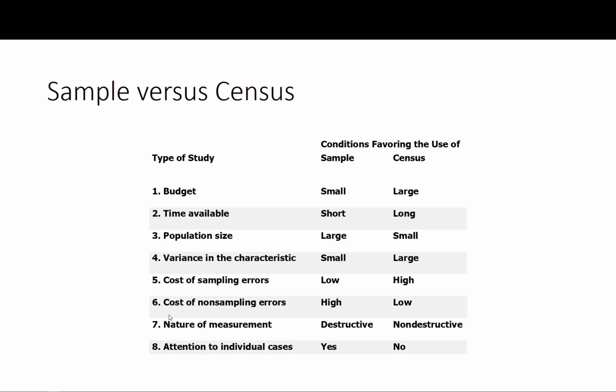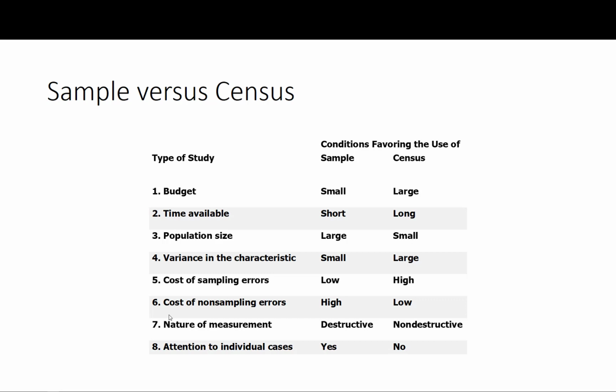So if the variance in people who drink Coca-Cola is actually small within the larger population, then a sample is appropriate. However, if the variance in the characteristics of people at a population level is such that there's large differences between people, a census is more appropriate in order to try and get the opinions of everyone who has those varying characteristics.